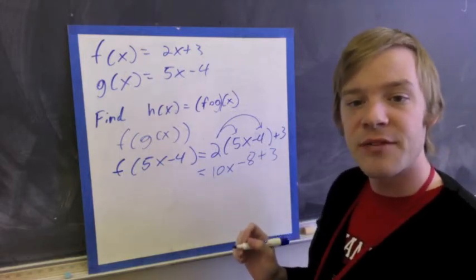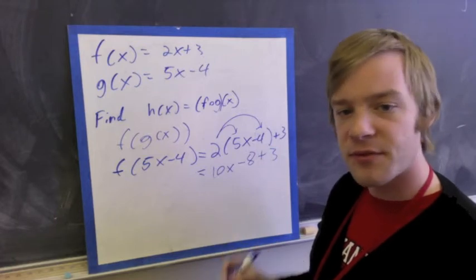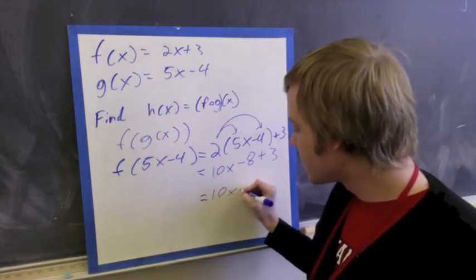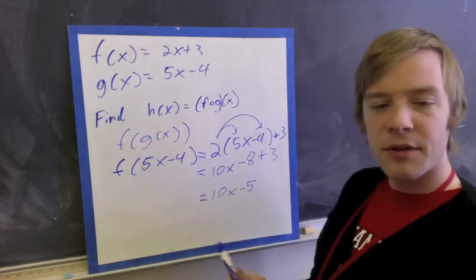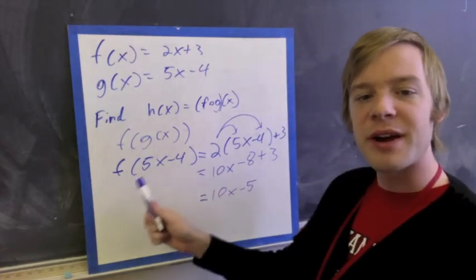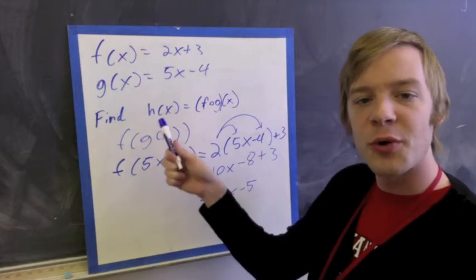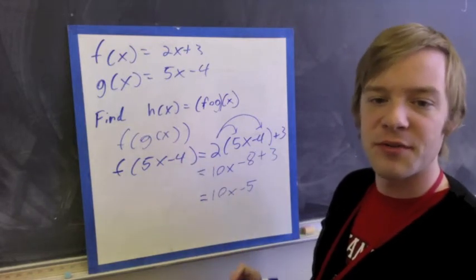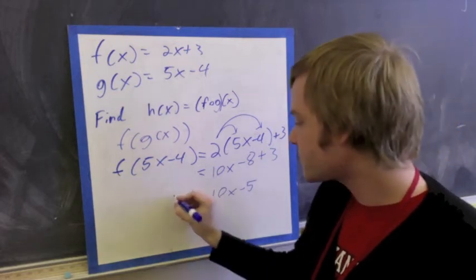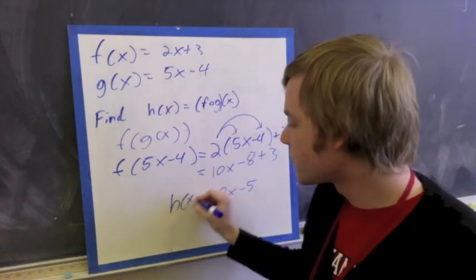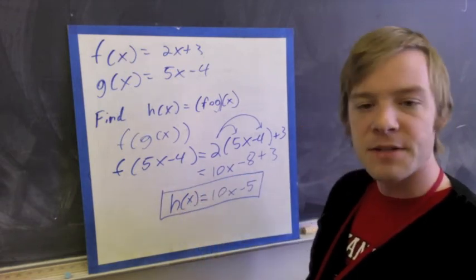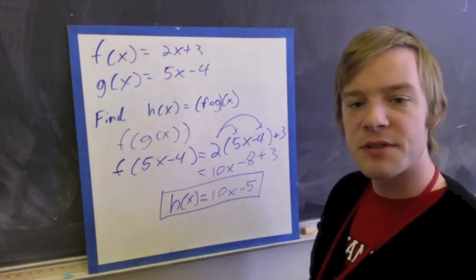So negative 8 plus 3 will give me a negative 5. And then over here on the left side, rather than writing f of 5x minus 4, we're told that our answer is going to be h of x. So we're going to call this the function h of x. And since there's nothing else to simplify, this is just our answer.